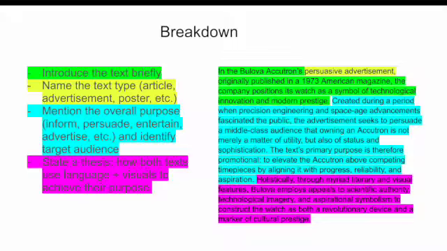And we're looking for the target audience, right? And once again, flagging with a big green flag by saying the word audience here with middle class audience, you're signaling to the examiner you know the audience, and so the examiner can credit you for knowing the audience and the context in which the text was written.